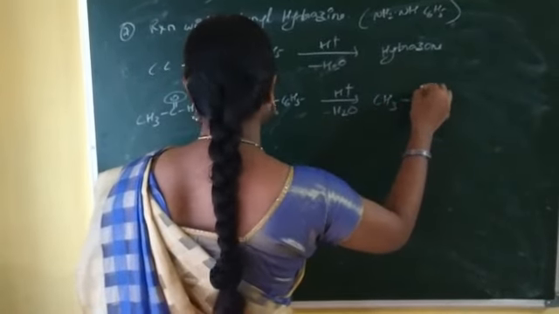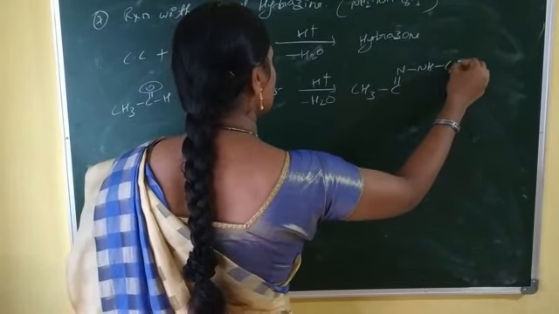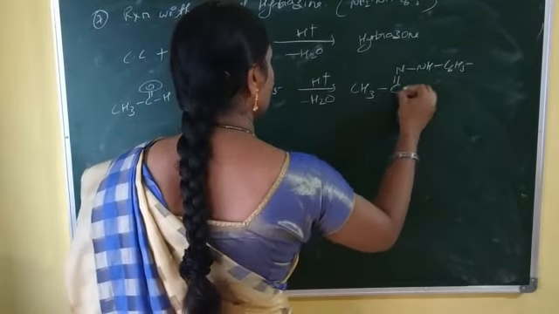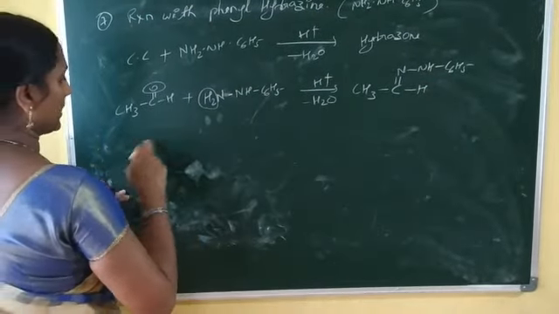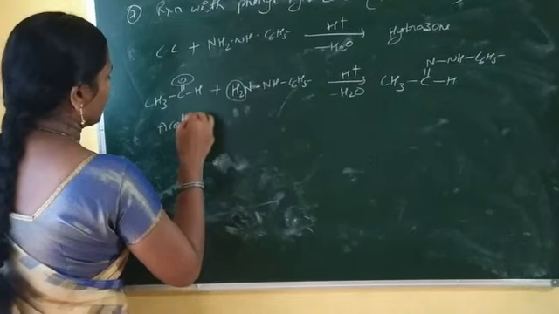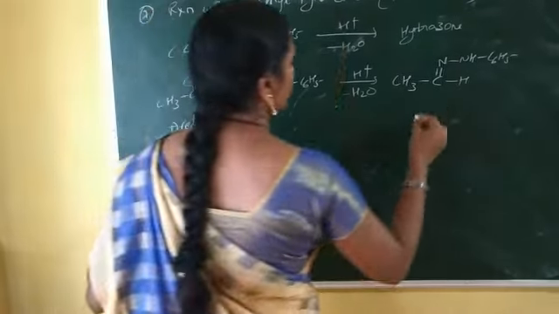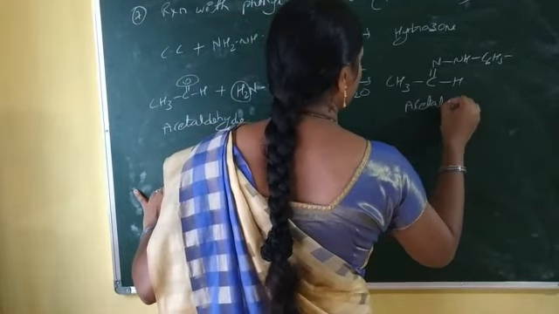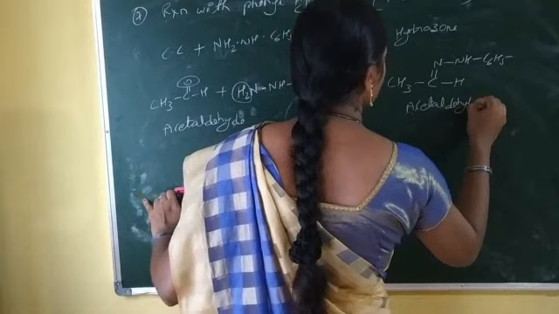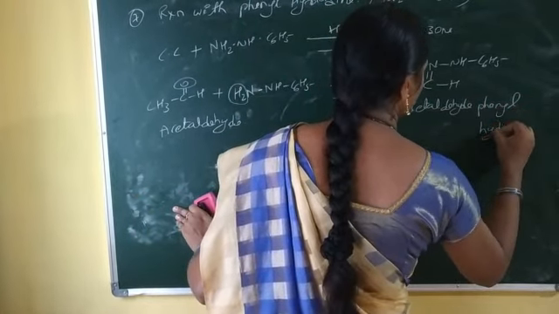The product is C double bond N, NH and C6H5, and also hydrogen. The product name depends on the reactant. The reactant is acetaldehyde. Now the product is acetaldehyde phenylhydrazone.